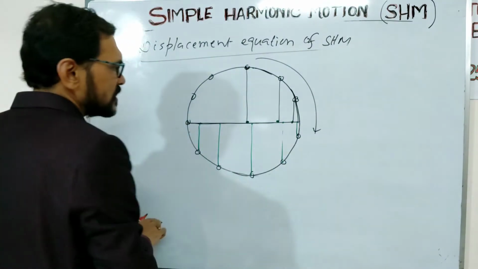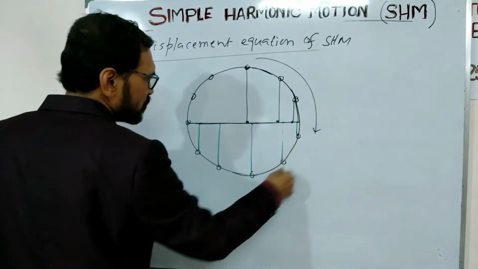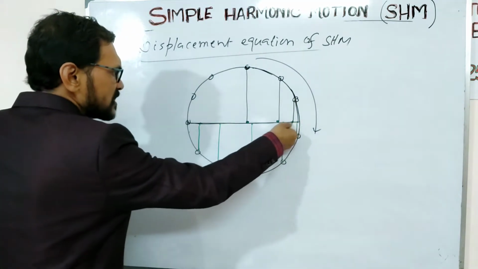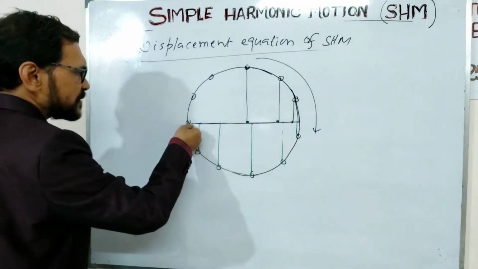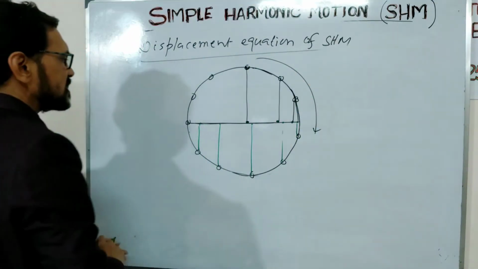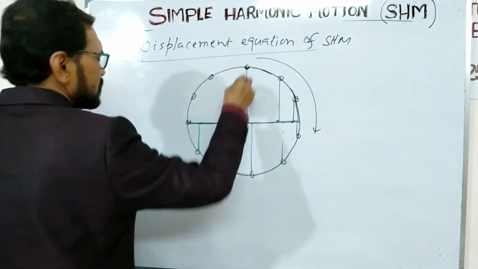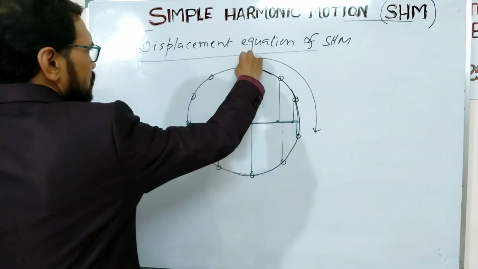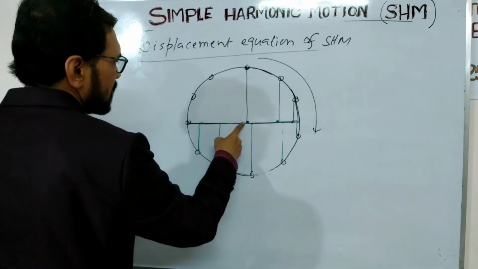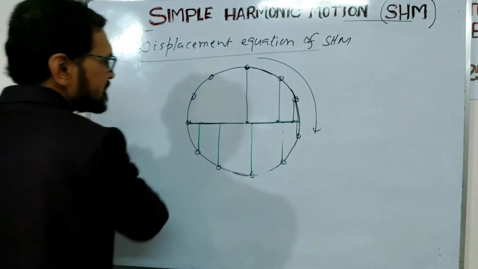So when the particle in circular motion moves from this to this, the foot of the perpendicular shifts from this to this, and again when the particle moves in this direction, the foot moves in this direction. So the particle describes circular motion, and the foot of the perpendicular on the diameter describes SHM.